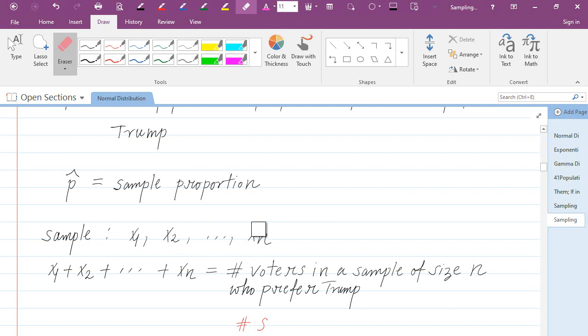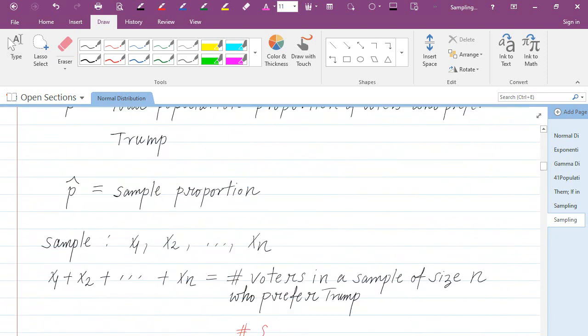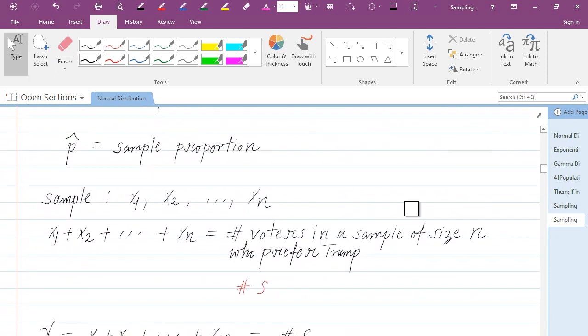And now, what happens if I add all these variables? Well, notice that x1 is either 1 or 0, right? It's 1 whenever Trump is preferred or favored, and it is 0 whenever he's not favored. x2 is similarly 1 or 0 and so on.